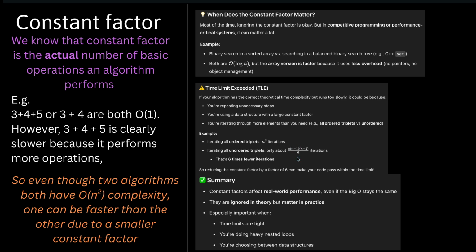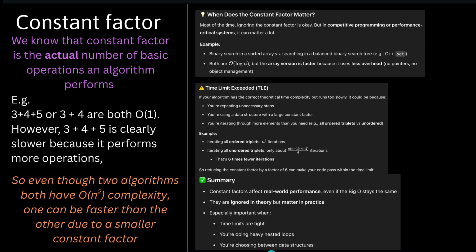Theoretically, our algorithm is correct, but we keep using unnecessary steps, using a data structure with a large constant factor, and iterating through more elements than we need, so it may make our algorithm fail to get all accepted with the competition test cases.